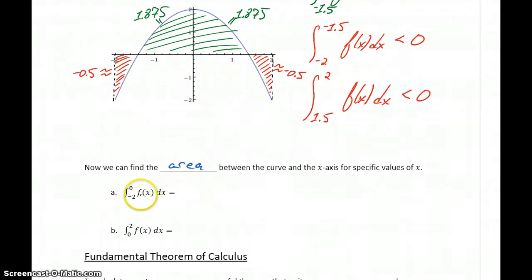So in part A here, we want to integrate our function f of x over the interval from negative 2 to 0. That means what we're looking at is, from negative 2 to 0, what is the area between our curve and the x-axis. So in this case, we have a positive region, 1.875, and then we're going to subtract or add that negative 0.5, so we're subtracting 0.5, which gives us a total area of 1.375.